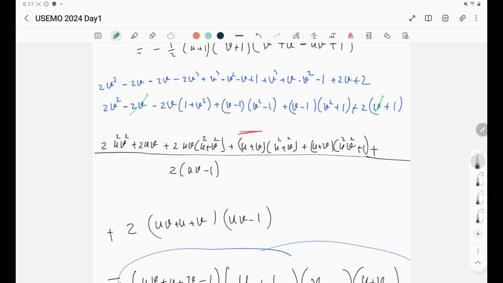Let's see. Now, will it cancel or not? Okay. We have minus v squared, 2v squared cancelled. And we originally have 2v cancelled with 2v. Nice. What else? We have a minus v. We have a plus v. We have a v cube, and minus 2v cube. We have a 1 with a minus 1.